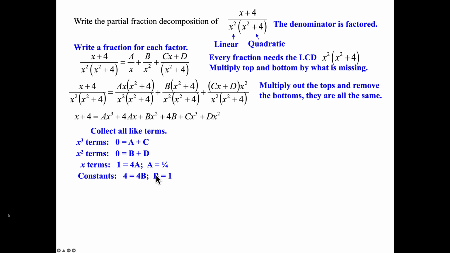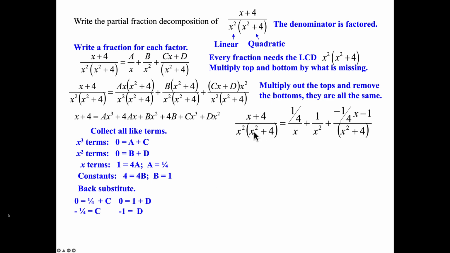B is equal to 1. So as we said, A plus C equals 0, then C has to be a negative 1/4, and B plus D equaling 0, and B is 1, D has to be negative 1. So there's my back substitution, and here is my partial fraction decomposition.